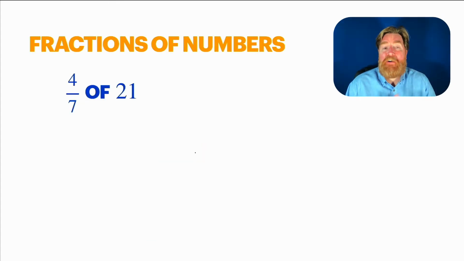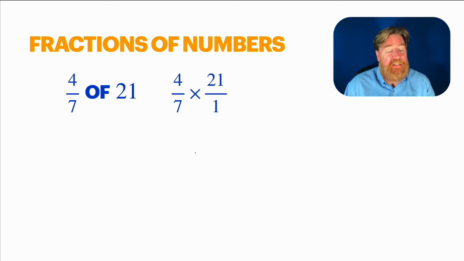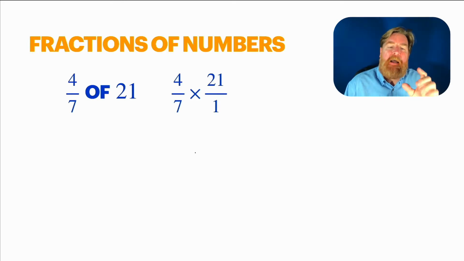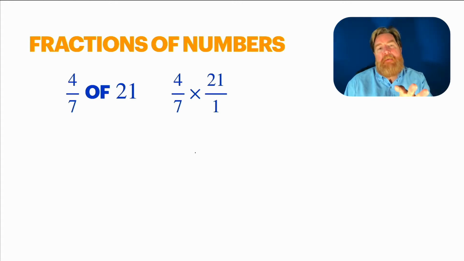All right, how about 4/7 of 21? Well, same deal. That's 4/7 times 21 over 1. Okay, I'll write it like that. Now, the numbers still aren't that bad, but let me just remind you of something. We can take advantage of the commutative property sometimes to help us simplify before we multiply.